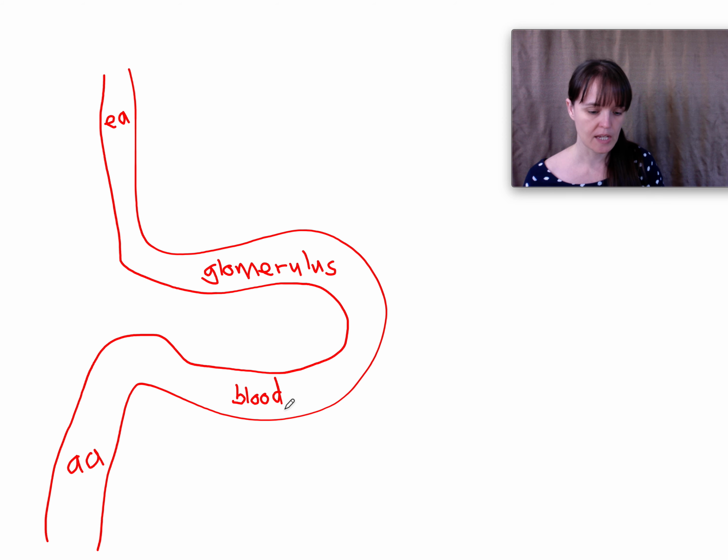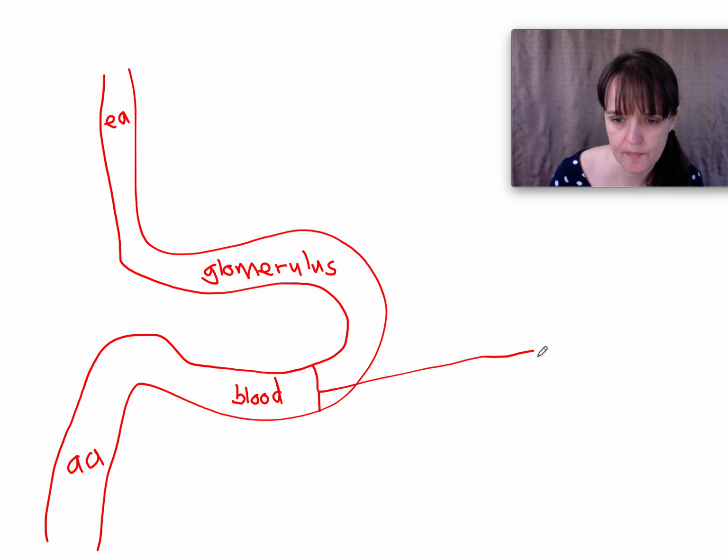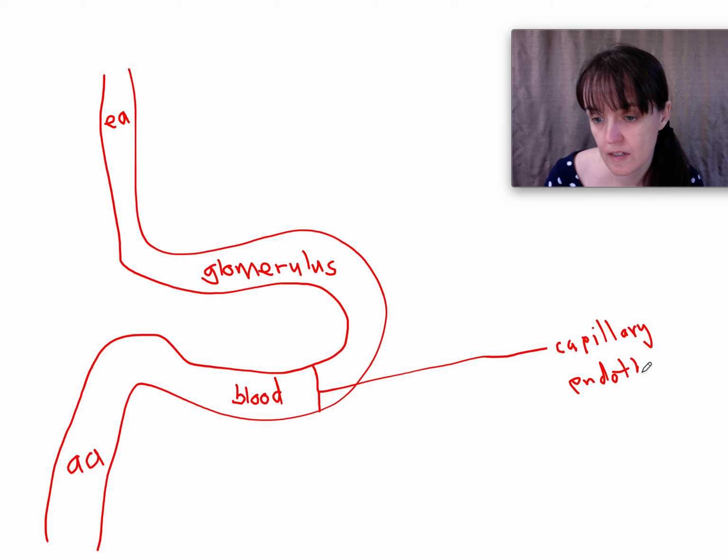Okay. Now, the walls of the glomerulus are capillary endothelium. That's an E. Endothelium.